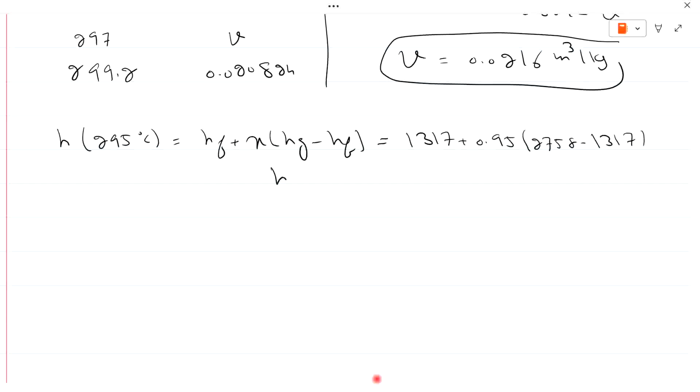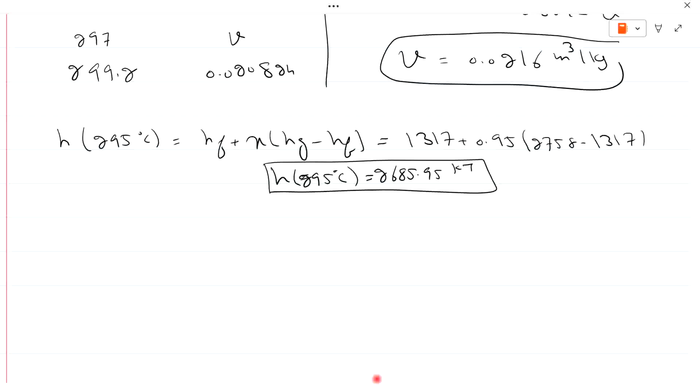So calculate the value of h. h at 295 degrees centigrade is 2685.95 kilojoule per kg. Now find enthalpy at temperature 299.2 degrees centigrade.